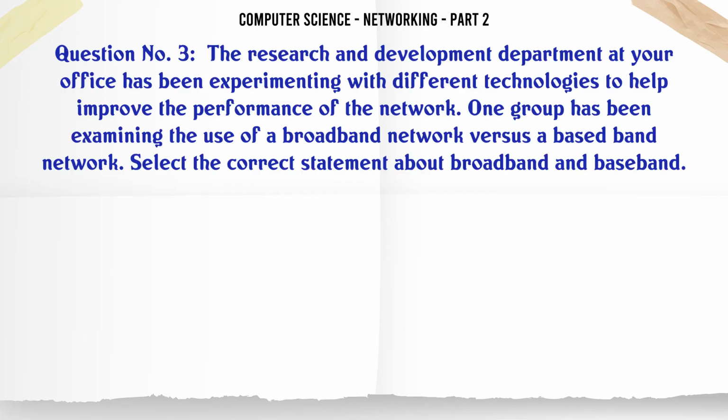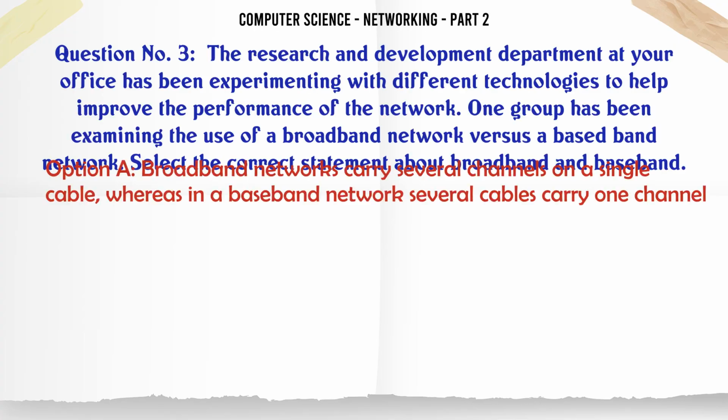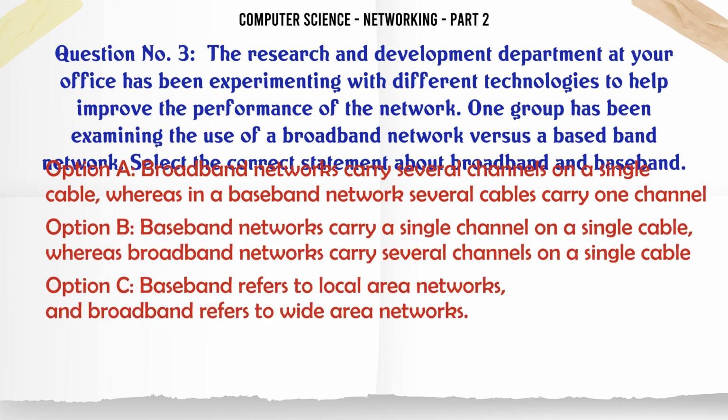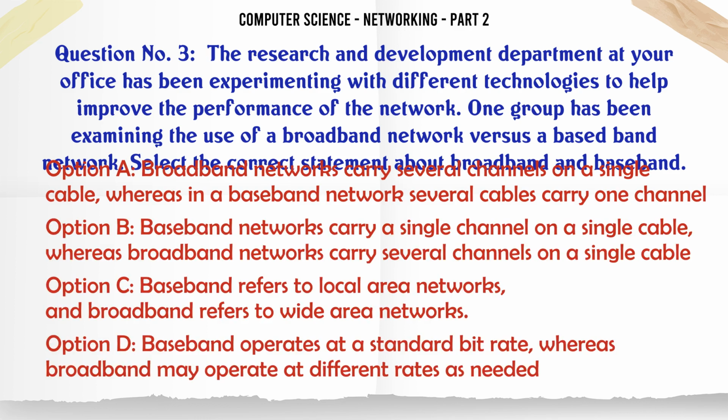The Research and Development Department at your office has been experimenting with different technologies to help improve the performance of the network. One group has been examining the use of a broadband network versus a baseband network. Select the correct statement about broadband and baseband. A. Broadband networks carry several channels on a single cable, whereas in a baseband network several cables carry one channel.